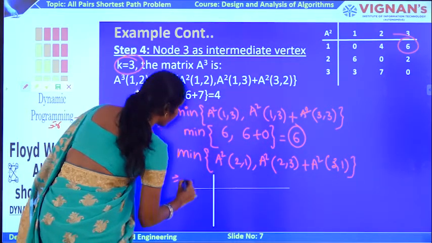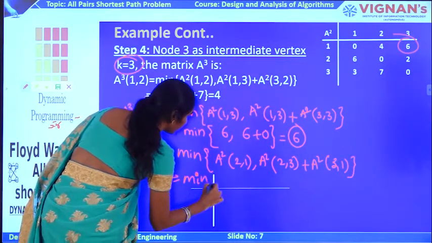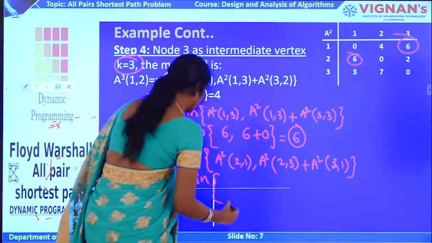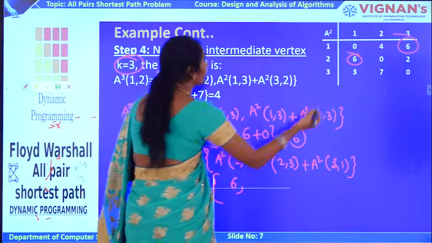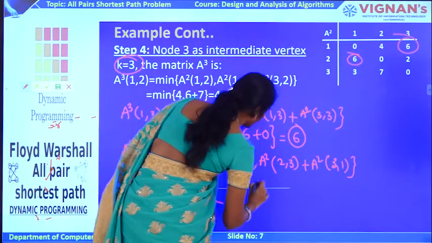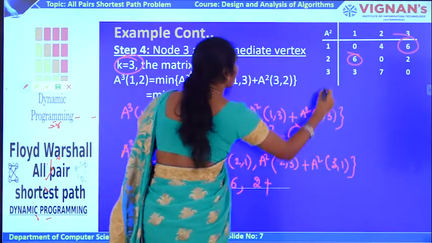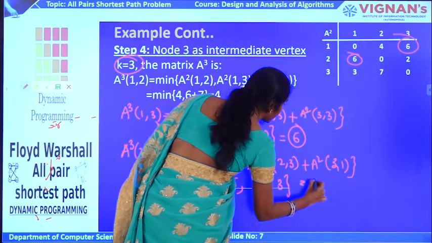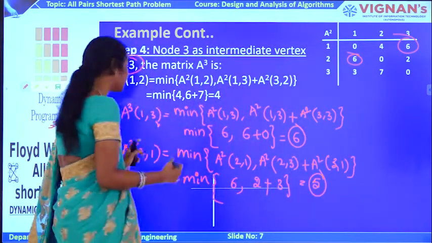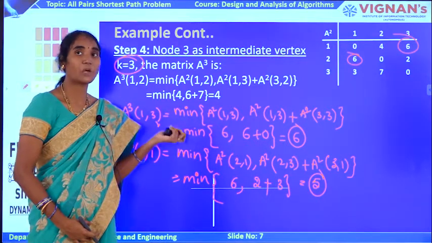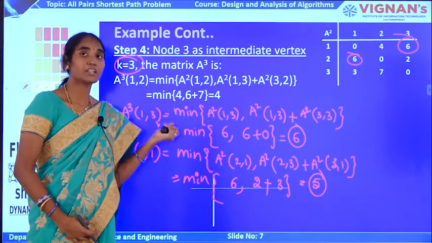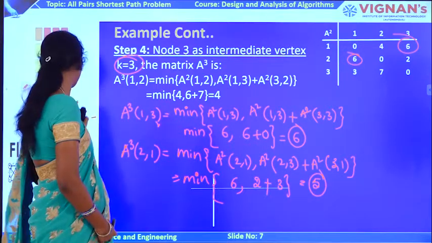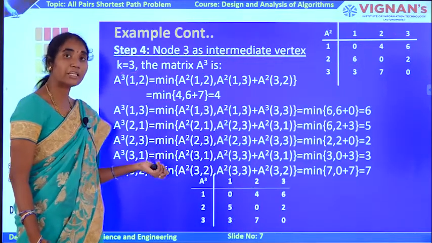So now minimum of a2 of 2 comma 1, which is 6, comma a2 of 2 comma 3, which is 2, plus 3 comma 1, which is 3. So 6 comma 5, the minimum value is 5. So now a3 of 2 comma 1 value will be equivalent to 5. In this manner we are going to find out all the a3 values. Okay. So finally this is my a3.